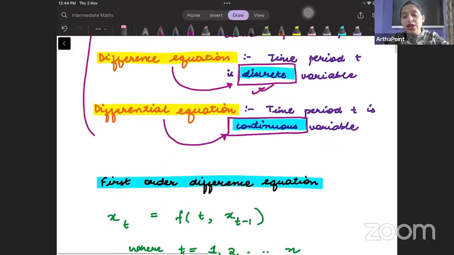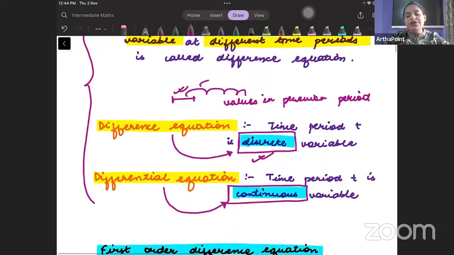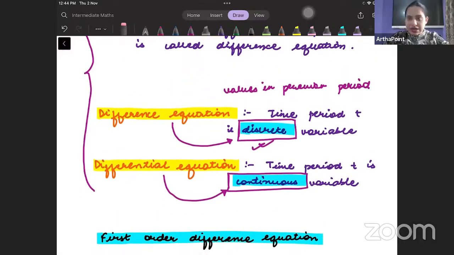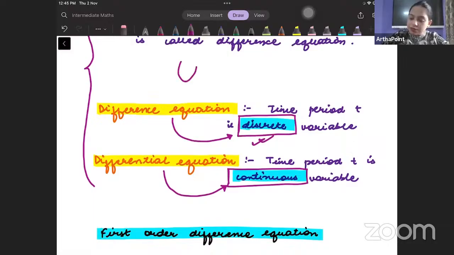And a differential equation is connecting that same variable with its values in the previous period, but the variable should be continuous. In either case, beta, what is the aim? The aim is to connect your variable with its previous values. I have to connect it with its previous values.